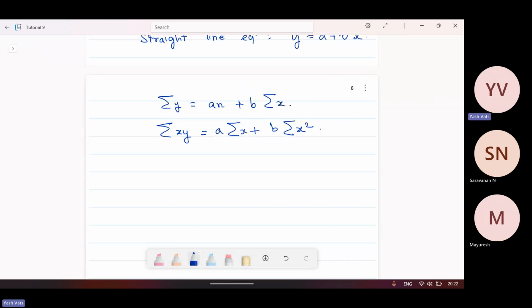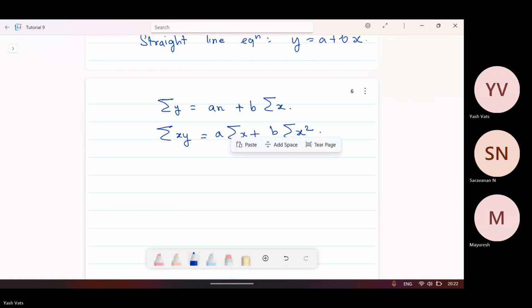And here, how much is n? Is n the degree of the polynomial? No, sorry, n is the number of points.